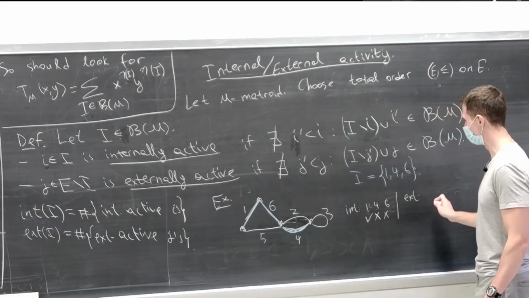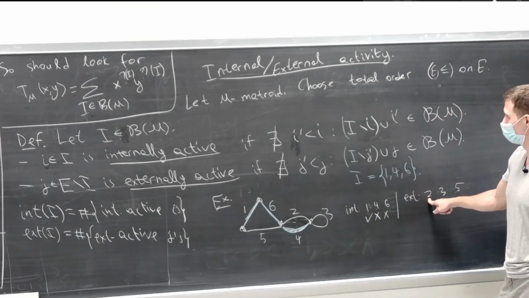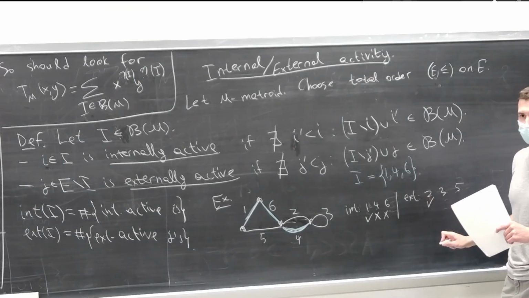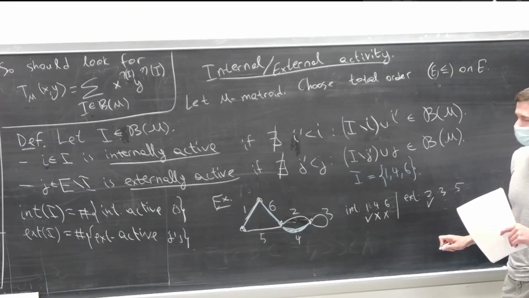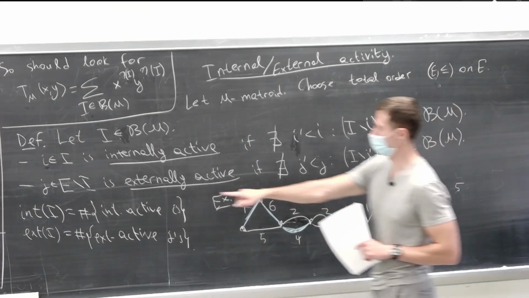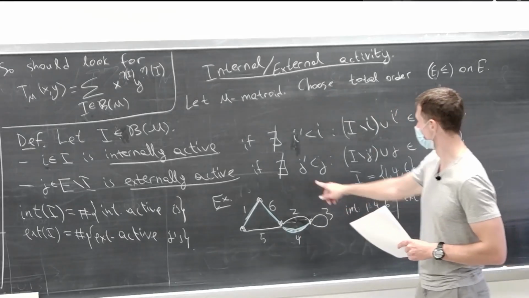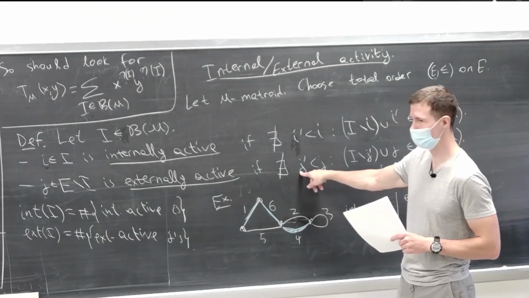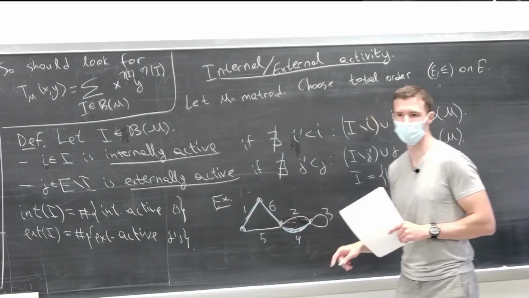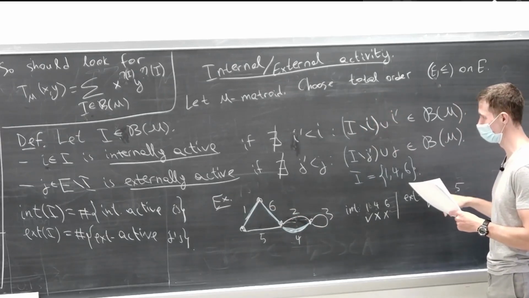If I try to compute external activity, I need to look at the complement: 2, 3 and 5. Is 2 externally active? Yes. Why? You can replace 4 with 2. But hold on, 2 is j in this case. So if j is 2, then j prime has to be 1. But replacing 1 with 2 is not going to give me a spanning tree. So 2 is externally active. These are very easily confusing.